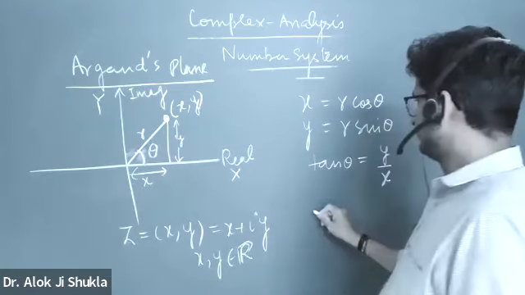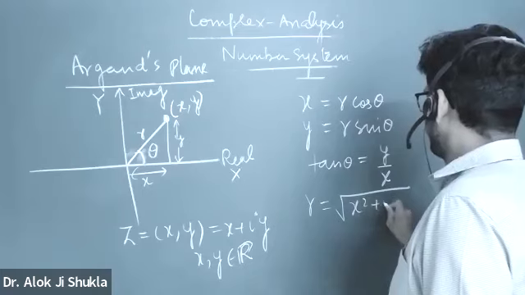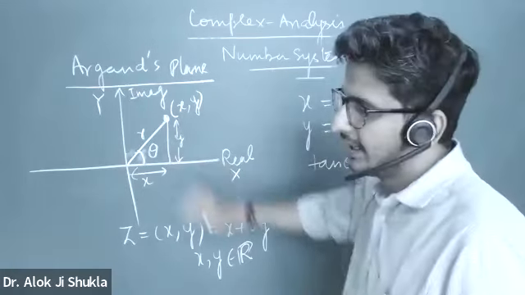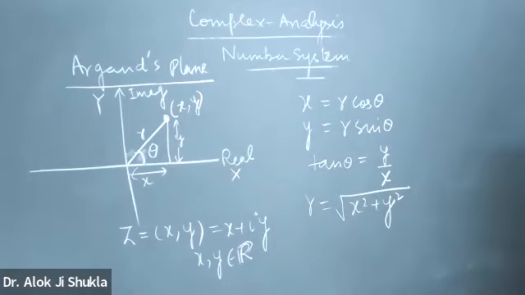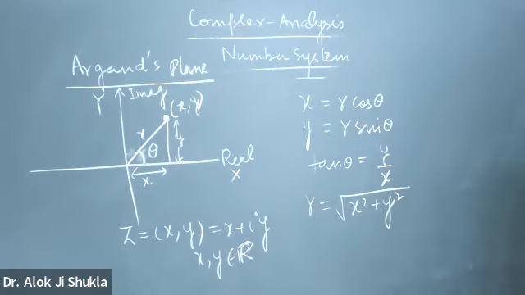And r is under root of x square plus y square. This is the immediate consequence of representing x comma y on the Argand plane. जैसे ही आपने इसको Argand plane पे represent किया, ये सब तो as a high school student आप कर सकते हो. Correct?